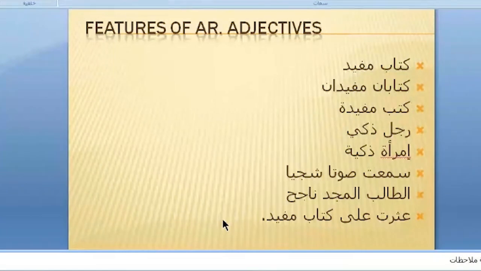Why? Because we have said that Arabic adjectives are what? Are followers. They follow the noun, they modify. That's why they are affected by the number, by the gender, by the person, by definiteness or indefiniteness. يعني سواء الاسم اللي قبلها معرف غير معرف، أيضا نفس الشيء. كتاب هذا اسم نكرة، لذلك مفيد أيضا تكون اسم نكرة، وهكذا.